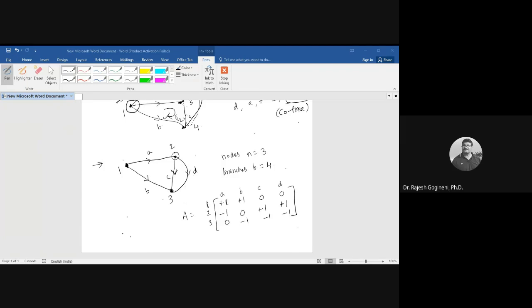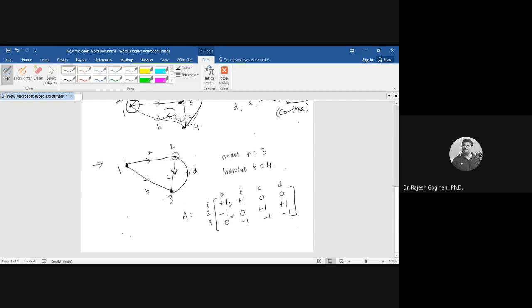What are the 2 entries? +1 and -1. One is +1 and one is -1, right? If you observe the columns, first column is +1 and -1, second column also, third, fourth. In every column there is one +1 entry and one -1 entry.